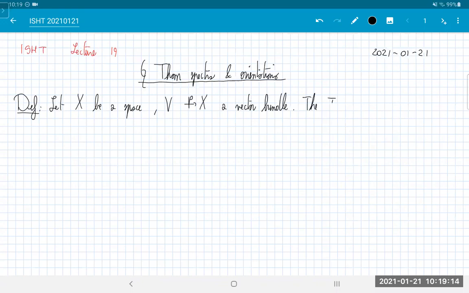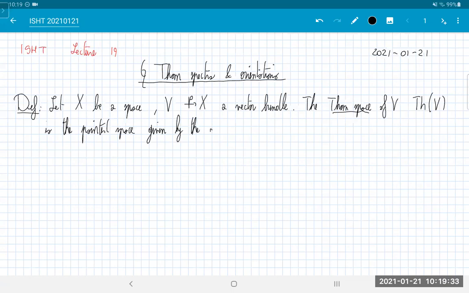The Thom space of V, which I'm going to write as Th(V), is the pointed space given by the cofiber of the map V minus 0 into V. Well, 0 here, I mean the 0 section. Of course, it's a copy of X sitting inside V.